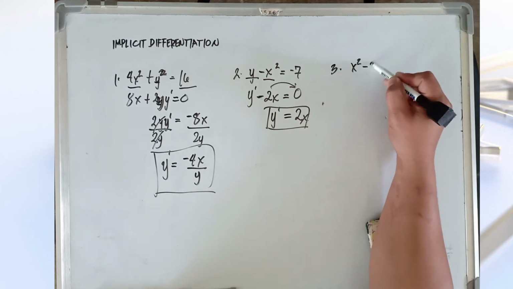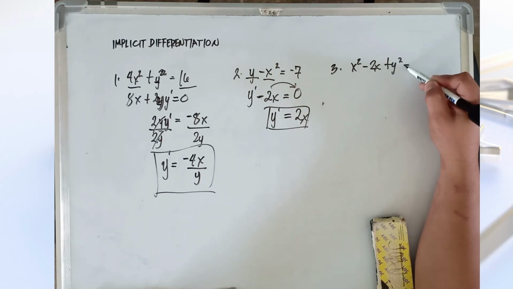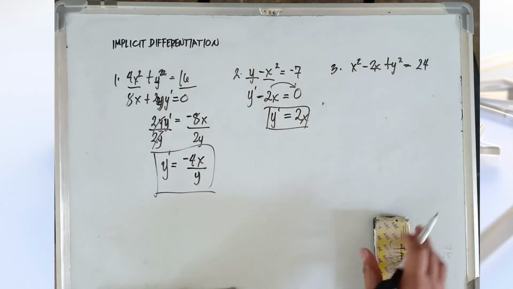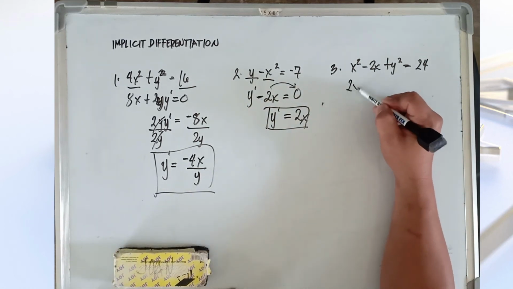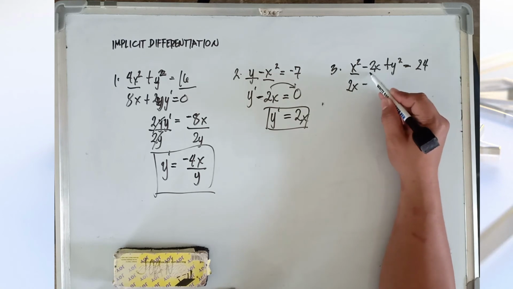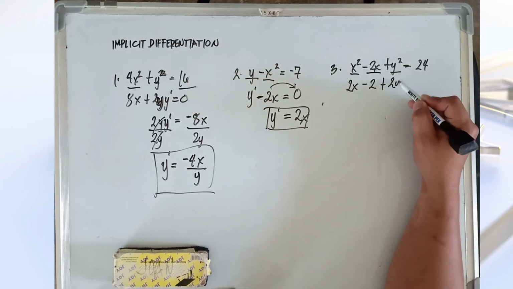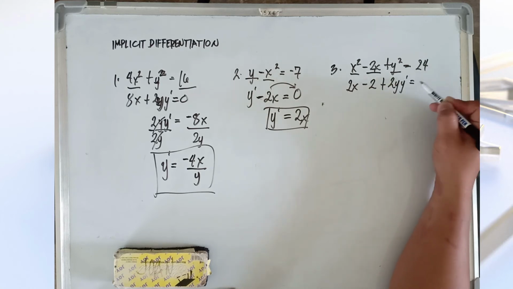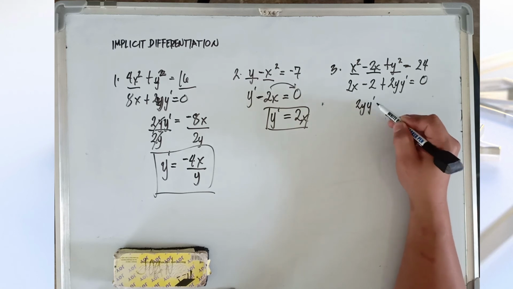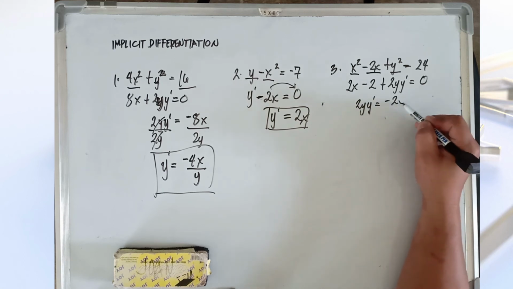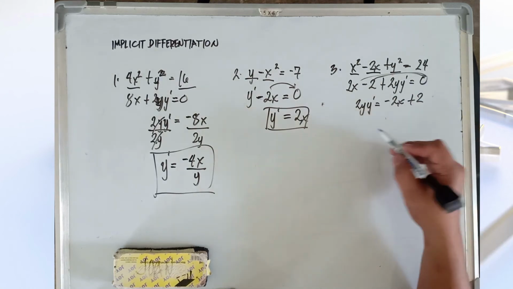x squared minus 2x plus y squared is equal to 24. So we have our 2x minus the derivative 2 plus the derivative 2y, y prime is equal to 0. Let's isolate. 2y, y prime is equal to negative 2x plus 2. We just transpose the two.